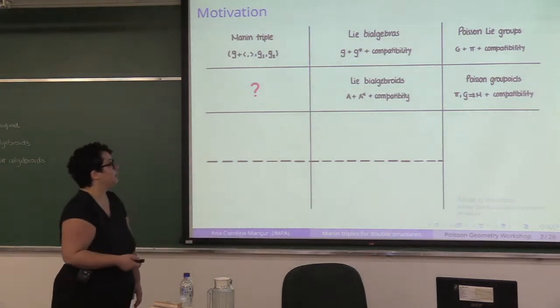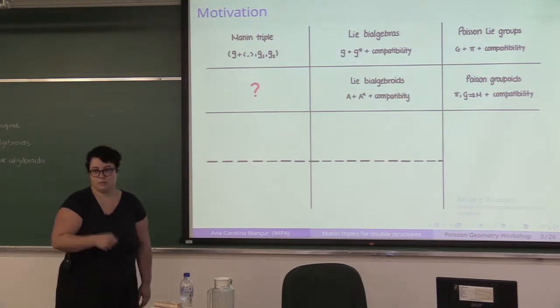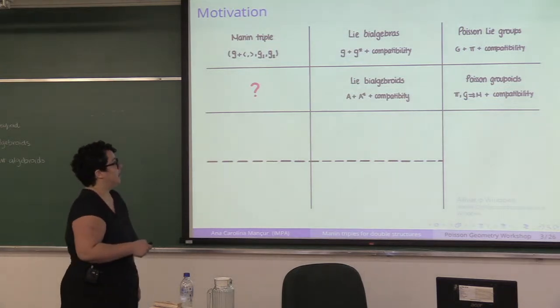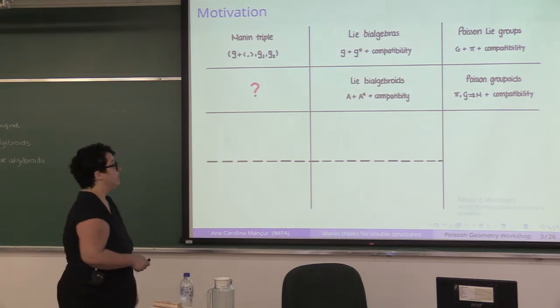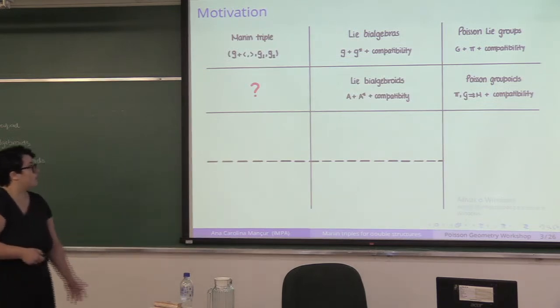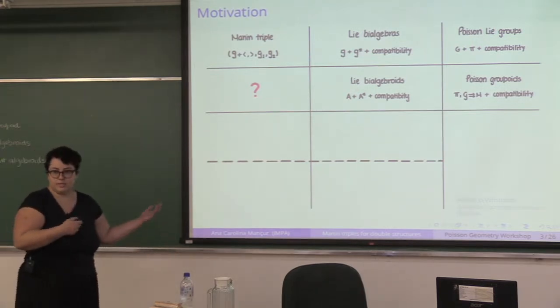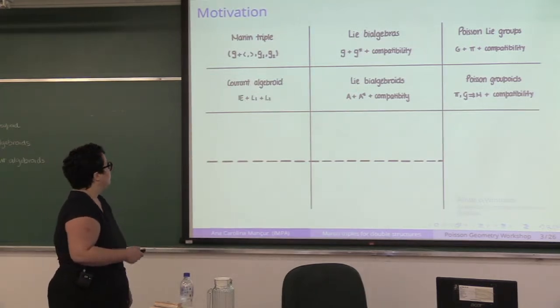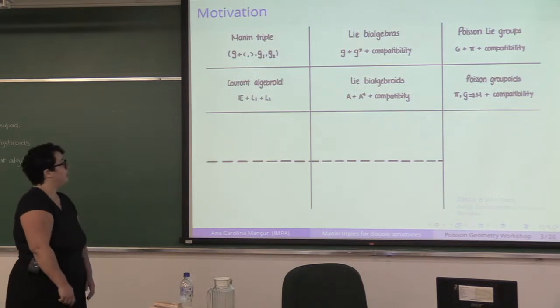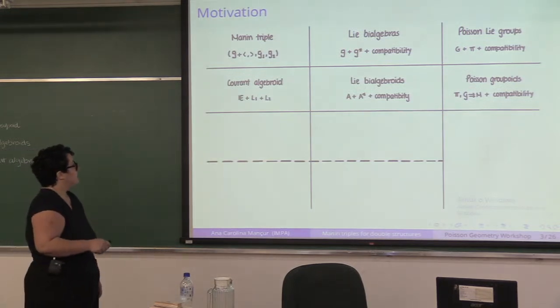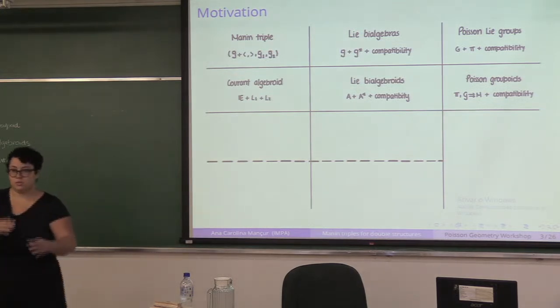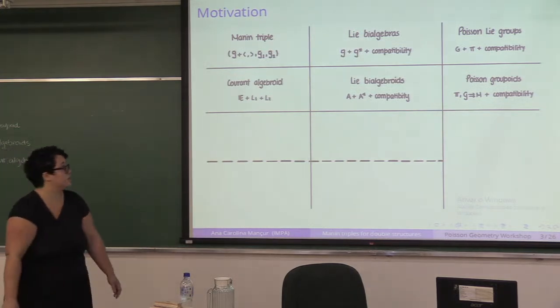A Poisson groupoid generalizes not only Poisson-Lie groups, but also symplectic groupoids, and their infinitesimal counterparts are Lie bialgebroids. And the natural question here is the double of this thing. This was answered by Liu, Weinstein and Xu. They showed that this is an algebroid with two transversal Dirac structures.